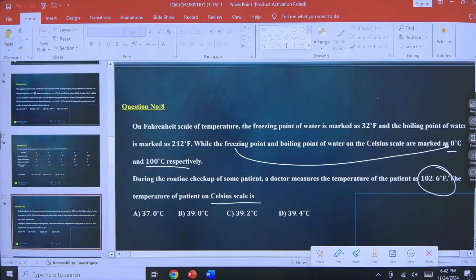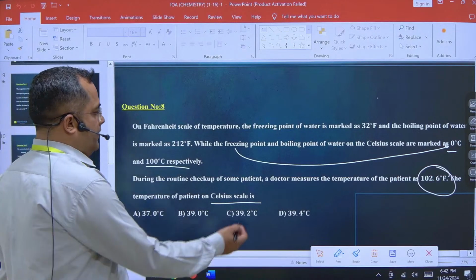We can do it by using the formula. We all know the formula, (F − 32) = 9/5 × °C, to convert Fahrenheit into Celsius scale.